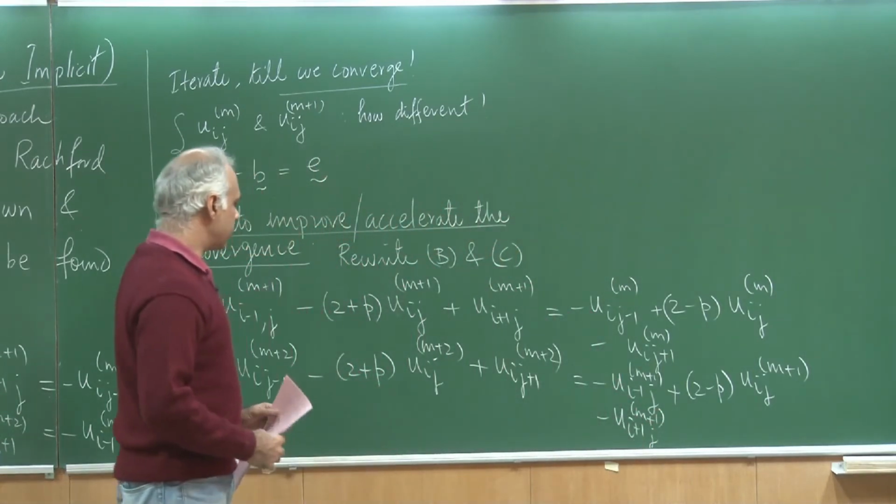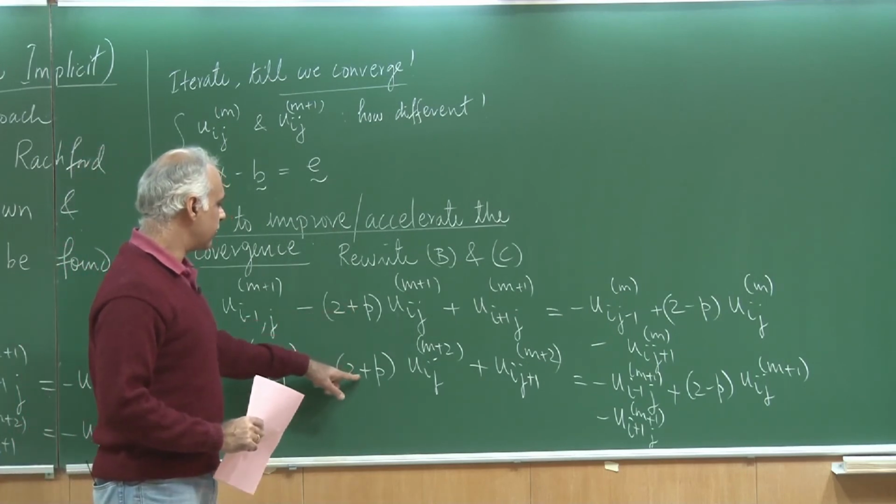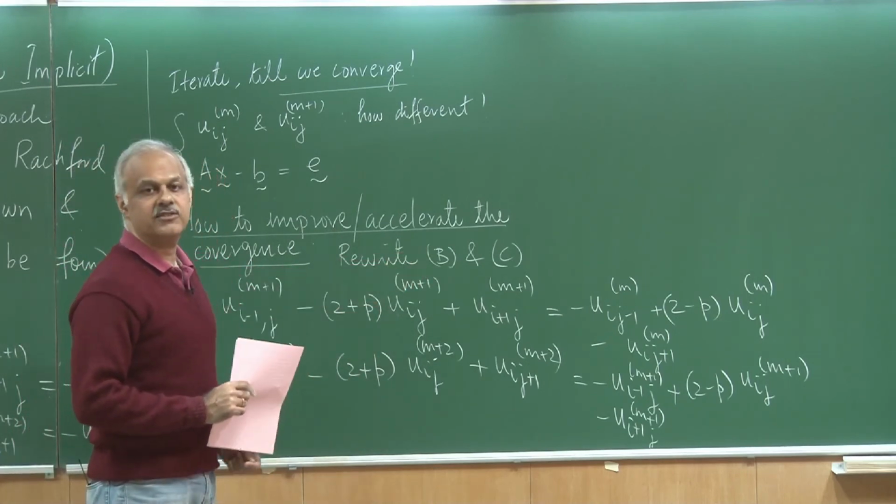So, all I have done is just modified equations C and D and replaced the value 4 with 2 plus p and taken the difference on the right hand side.